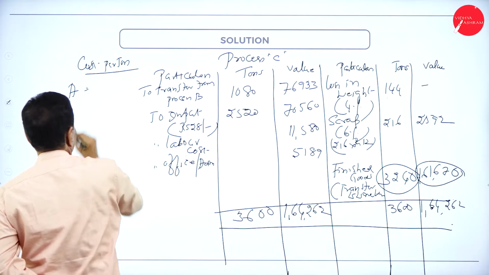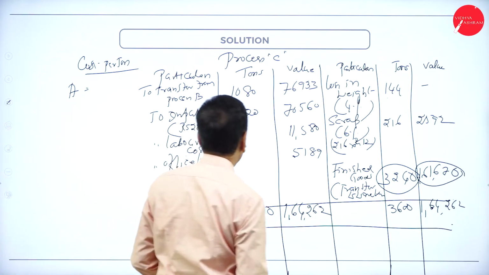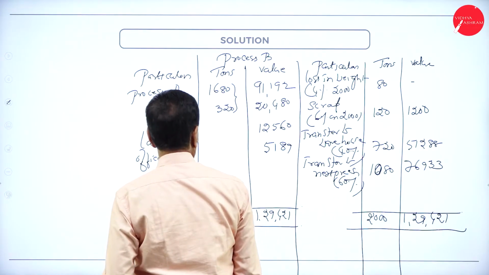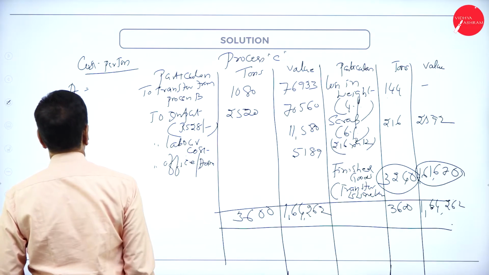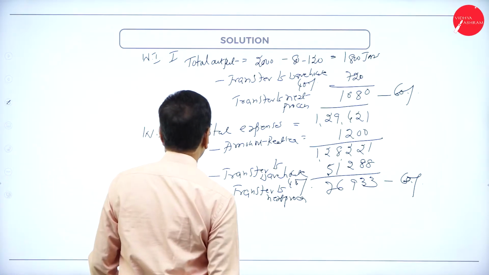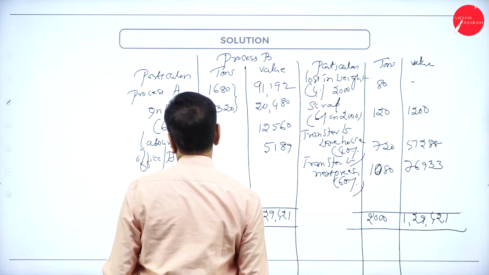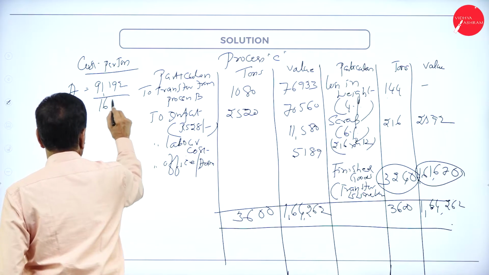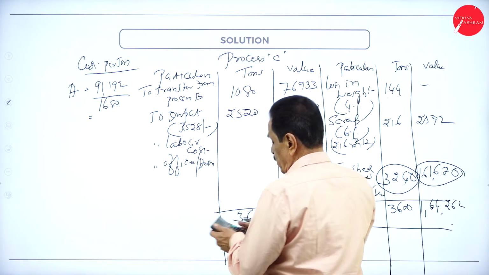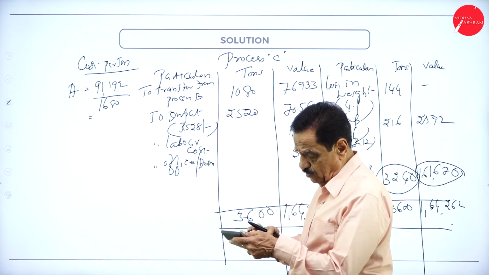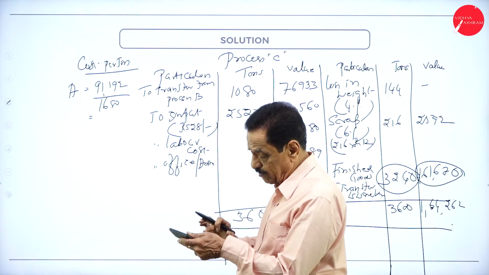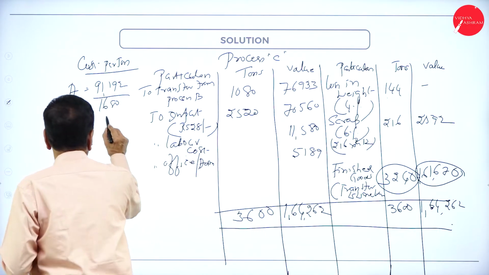Process A: 91,192 divided by 1,680. So 54.28.